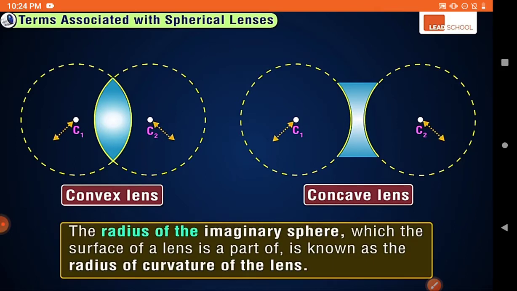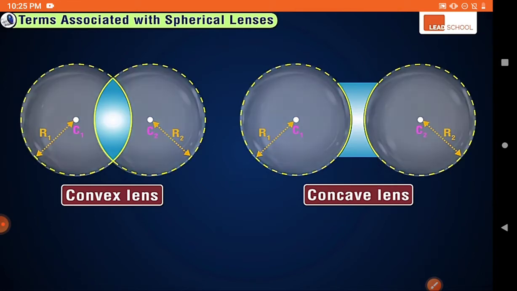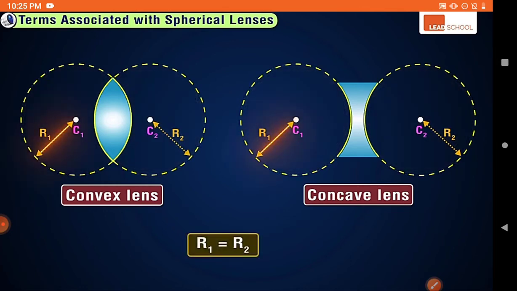The radius of the imaginary sphere, which the surface of a lens is a part of, is known as the radius of curvature of the lens. The radii of the two spheres are denoted by the capital letters R1 and R2. Note that if the surfaces are part of identical imaginary spheres, then R1 is equal to R2. For most of our study, we will consider such cases.